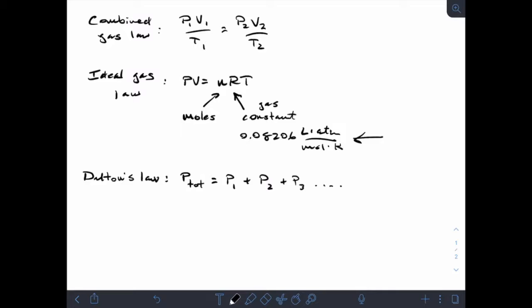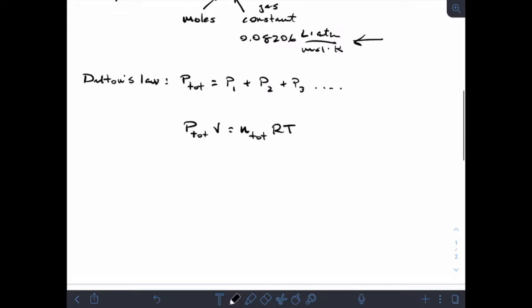We can relate Dalton's law to the ideal gas law by saying that total pressure times volume equals total moles times RT. Next, we have the concept of mole fractions. I believe we covered this earlier in the semester.